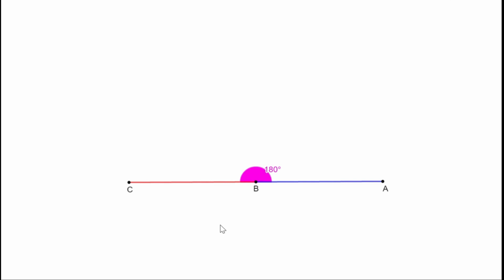That is 180 degree now. That means when the angle between these two lines is 180 degree, the points A, B, C are on the same line. So in order to prove that the 3 points are on a line, it is enough to prove that the angle between the lines is 180 degree.